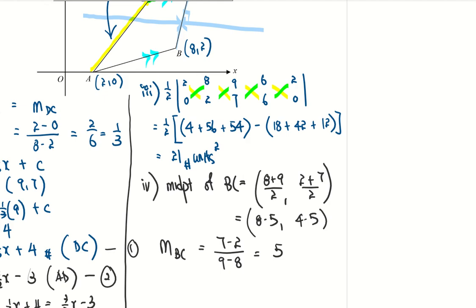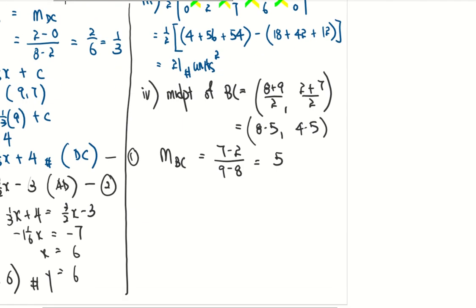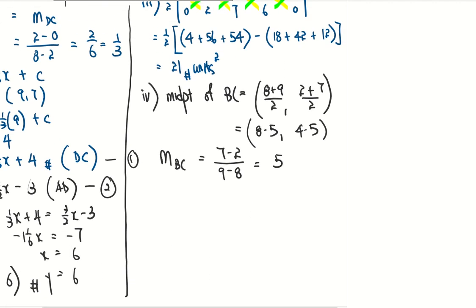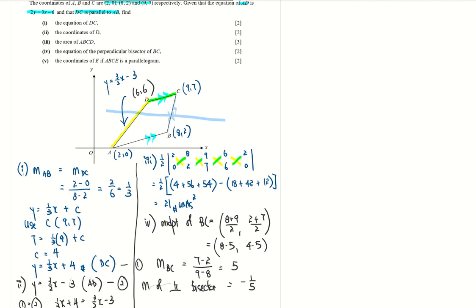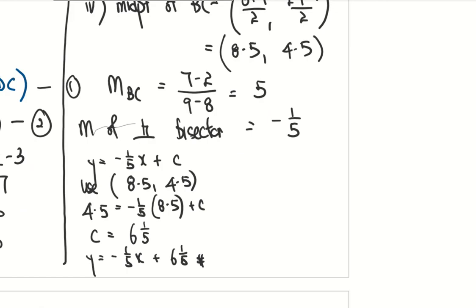Remember, the perpendicular bisector is perpendicular. So if I want to find the gradient of the perpendicular bisector, I need to use the negative reciprocal. In this case, it's negative 1/5. Go about finding the equation of this perpendicular bisector, and I will obtain my equation to be y equals negative 1/5 x plus 6 1/5.